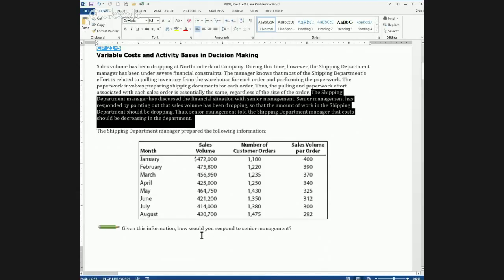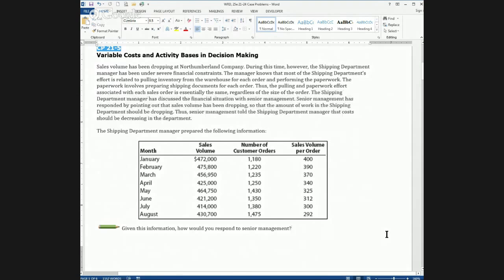Now, if you were the shipping manager, how would you respond to senior management? Again, this case involves identifying the appropriate cost driver that would drive shipping costs up or cause them to decrease. Is it sales volume, the number of dollars of sales the company makes, or would it be some other type of cost driver that would more reflect the actual costs the company would experience? Okay, that's the tips for case 21.5.